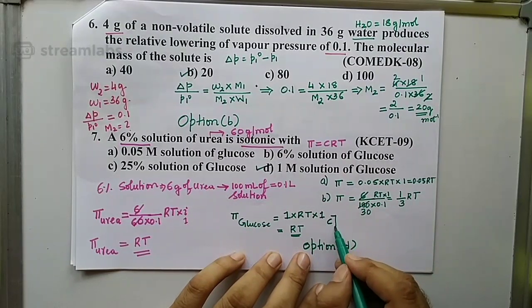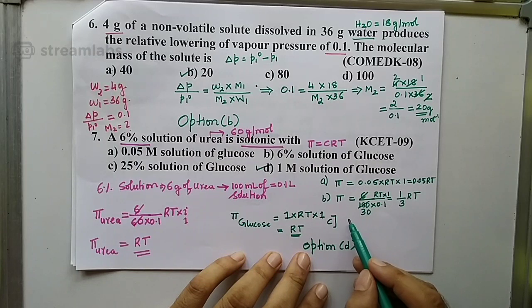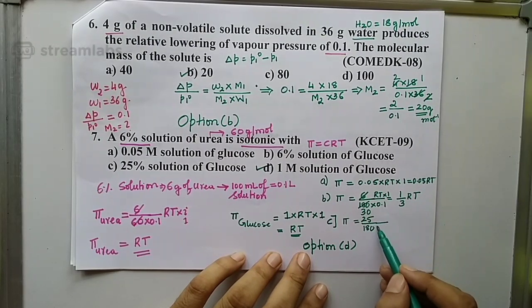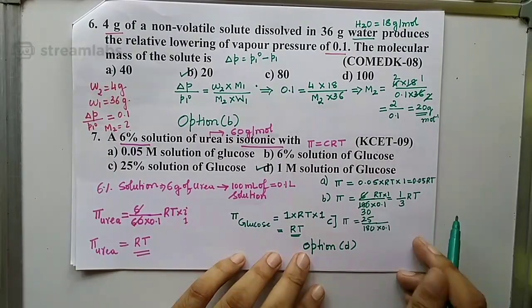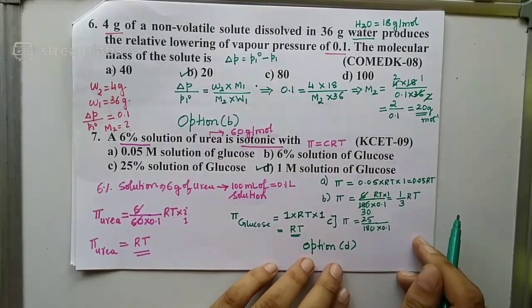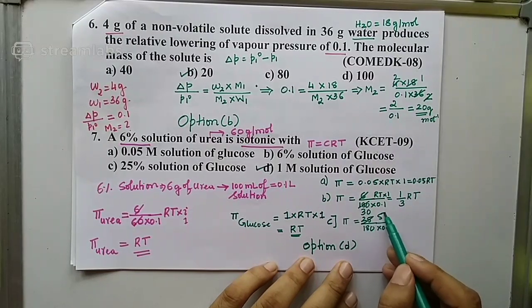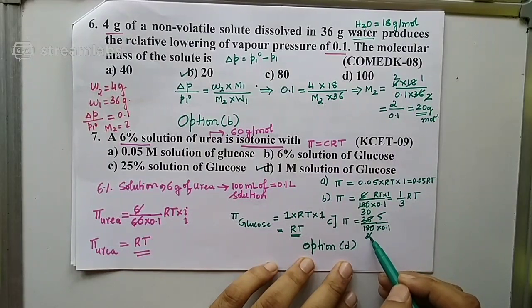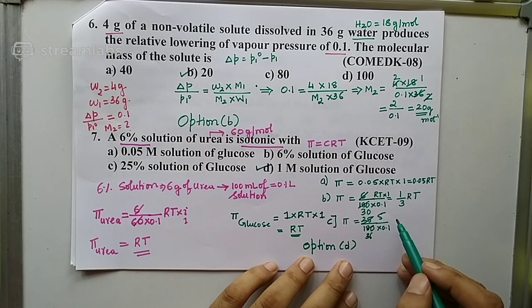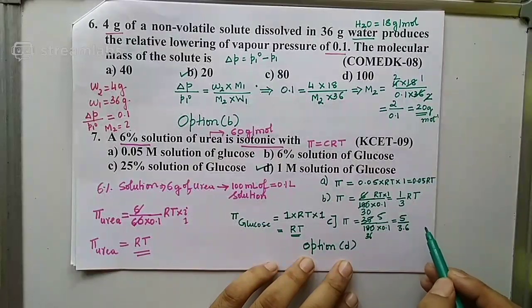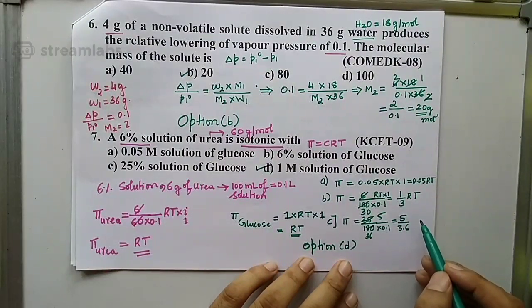And option C, obviously you can check. So 25% means what? Pi will be equal to 25 divided by 180, and this is multiplied by 0.1. So definitely you can understand this would come out as 5 by 36 into 0.1. 5 by 36 into 0.1 is 5 by 3.6 into RT.